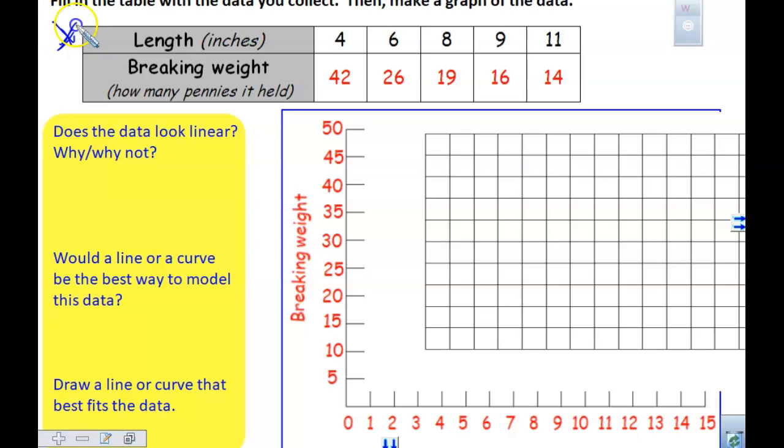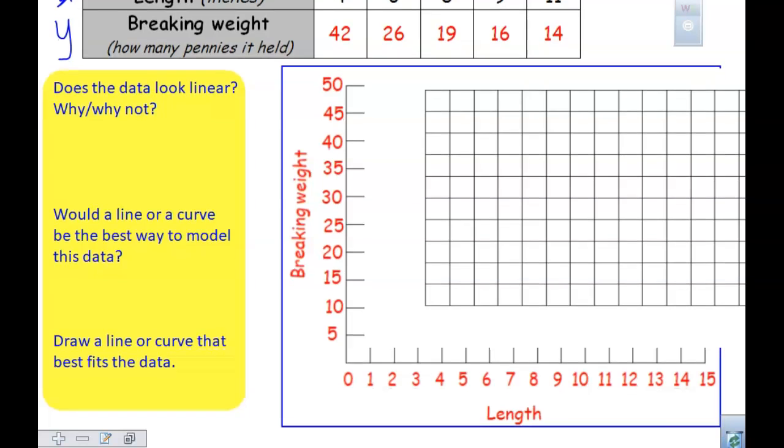The first thing is always your X. That goes on the bottom down here. Some of you keep switching those and you put the breaking weight down here. This is your X. This is the length. That was in inches. Then put your breaking weight. That's your pennies. Right? That's our dollars that we were talking about. In this case, pennies that we were looking at.